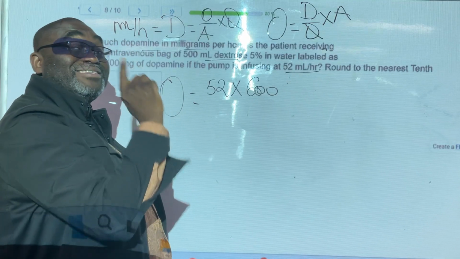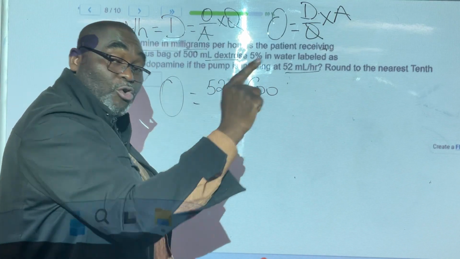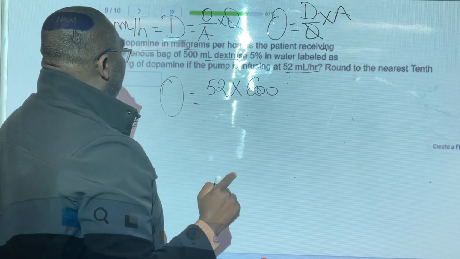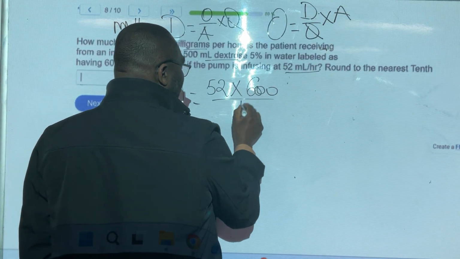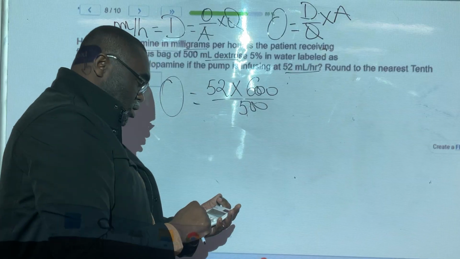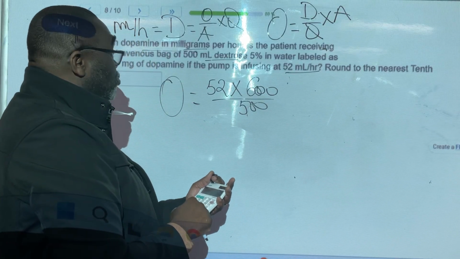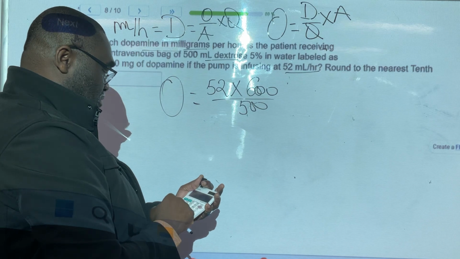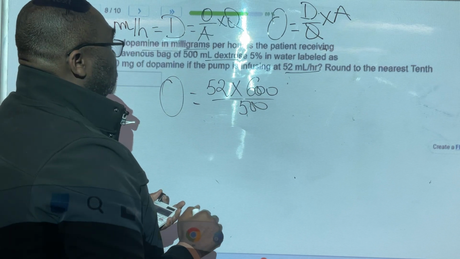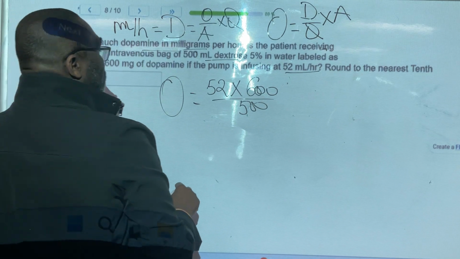If your available was in the gram, you have to convert that to milligram. Now my quantity right there, it's milliliter, it's 500. So get your calculator, you got 52 times 600, then divide by 500. You got 62.4.